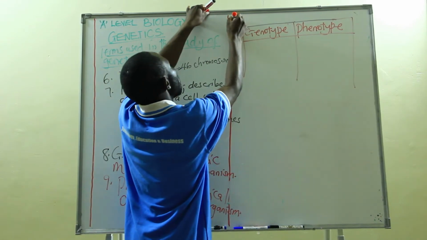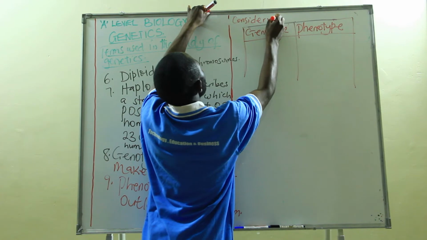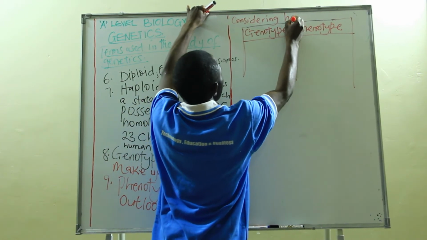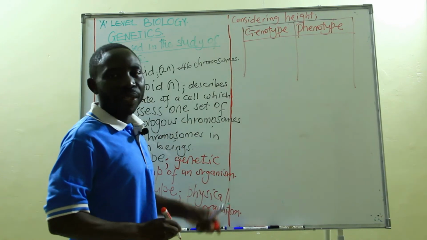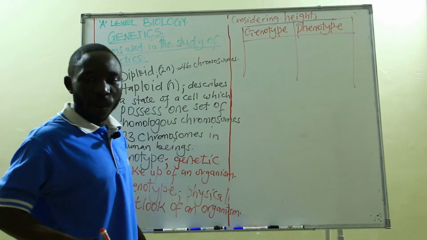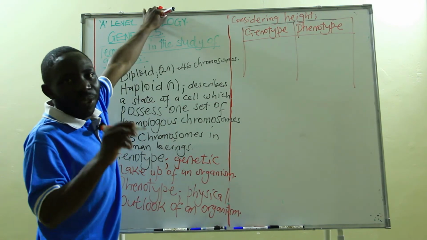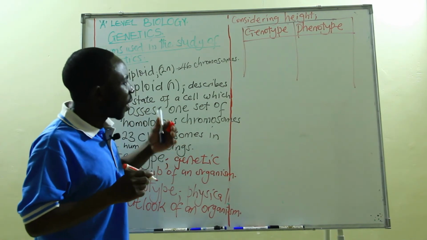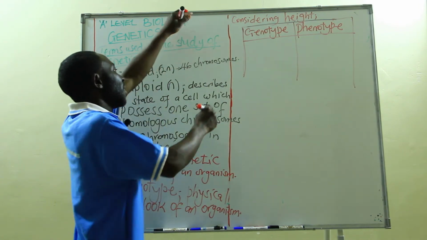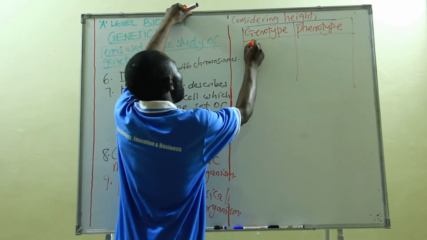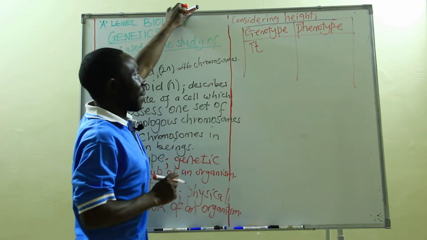So we are considering height as a character or as a trait. We have known that the gene which controls height in organisms, such as peas, is denoted by a capital T and small t, as shown here.